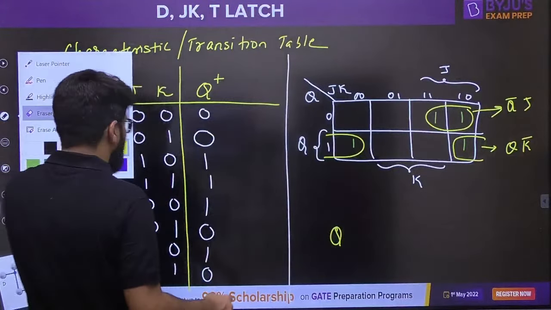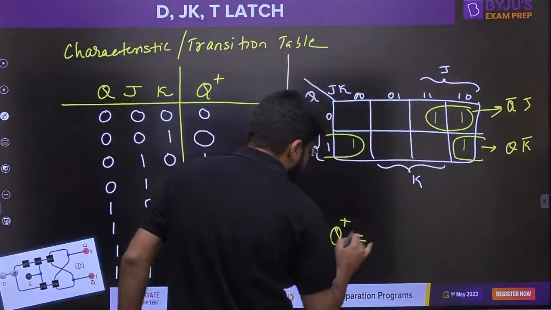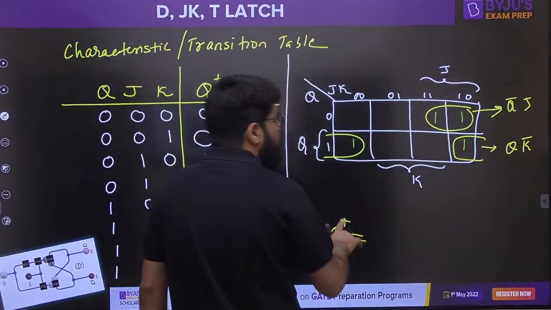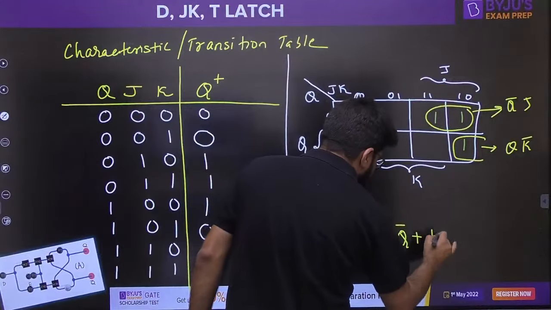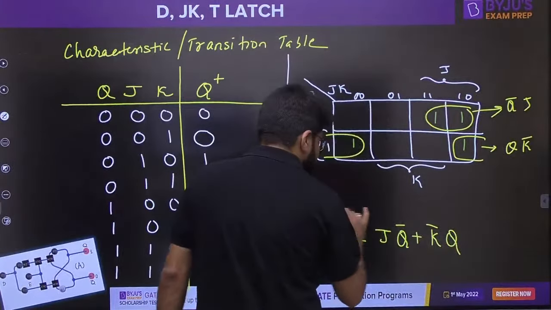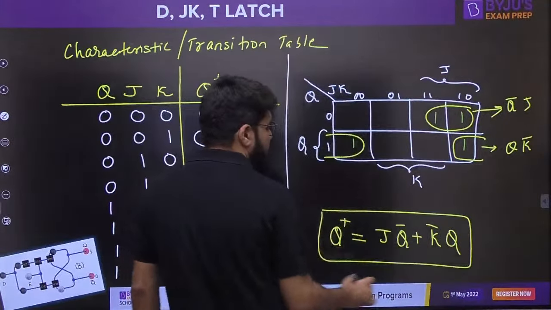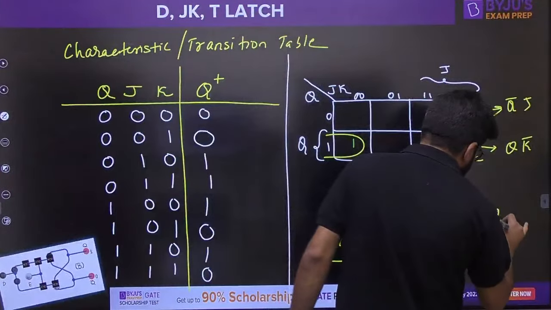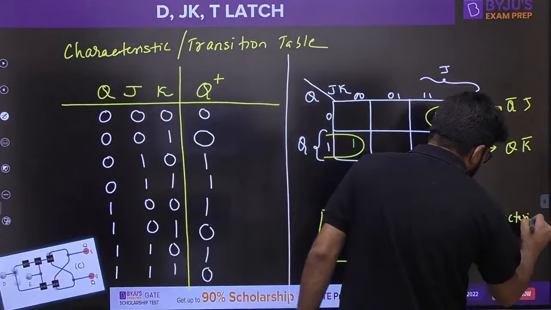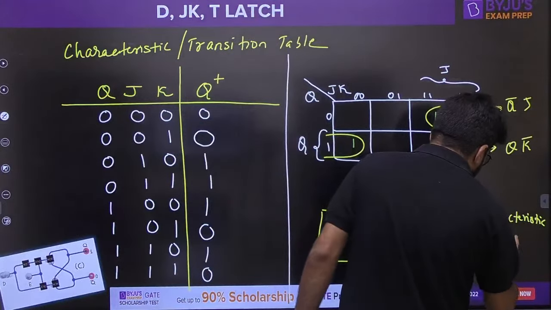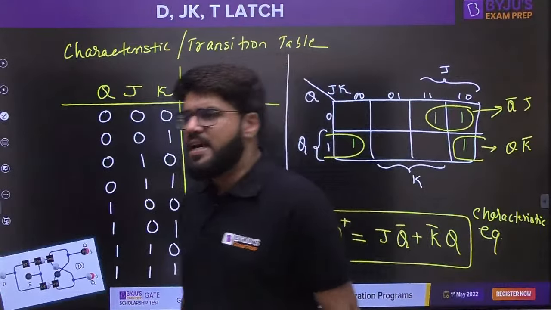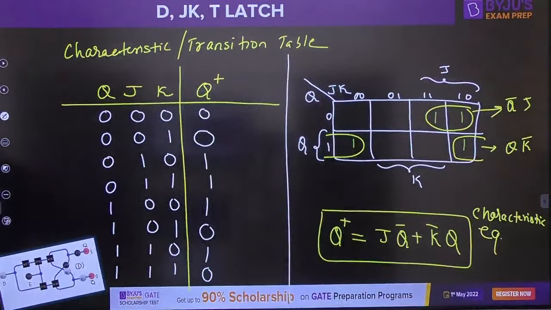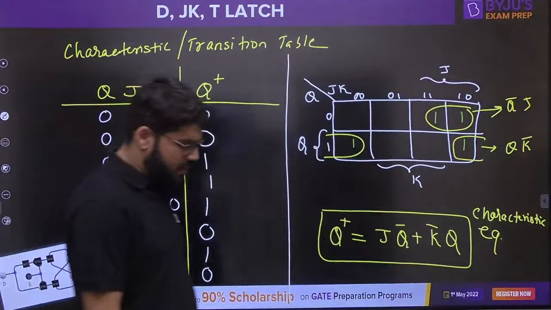I follow my own technique, you can follow your own. So Q plus is written as J Q bar plus K bar Q. This is the very important transition equation, also known as the characteristic equation, or next state equation, of the JK latch.